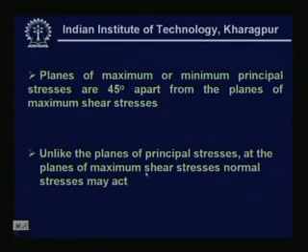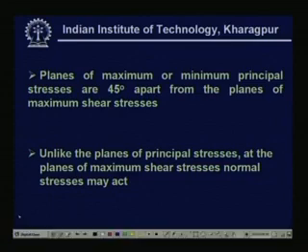The planes of maximum or minimum principal stresses are 45 degrees apart from the planes of maximum shear stresses. Unlike the planes of principal stresses, at the planes of maximum shear stresses, normal stresses may act. Now, one important topic here is the graphical solution.